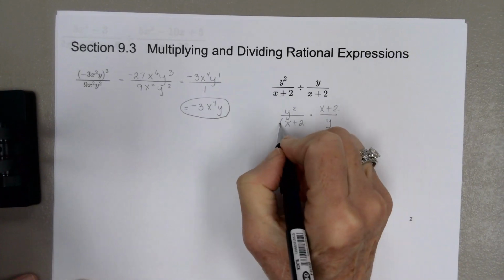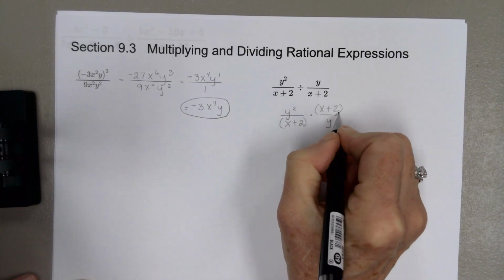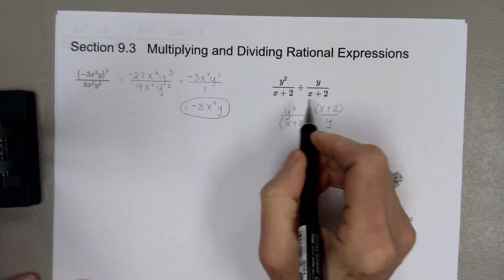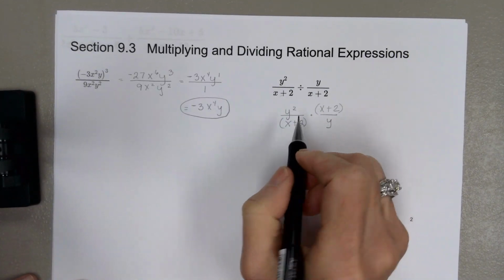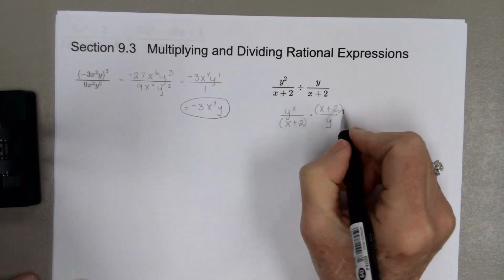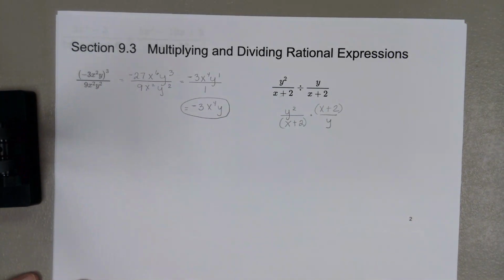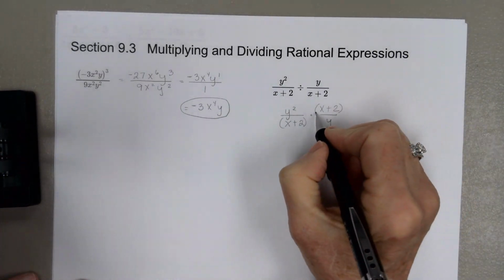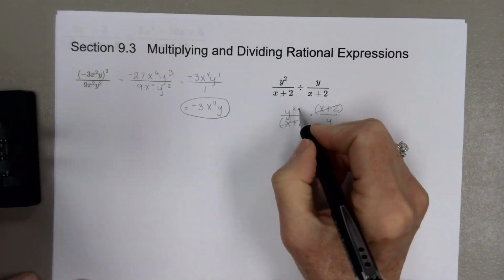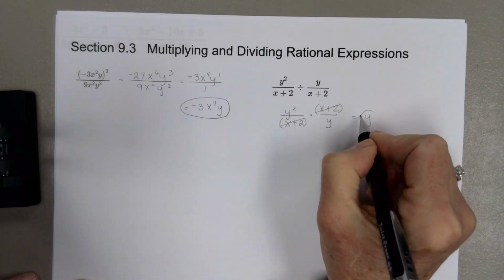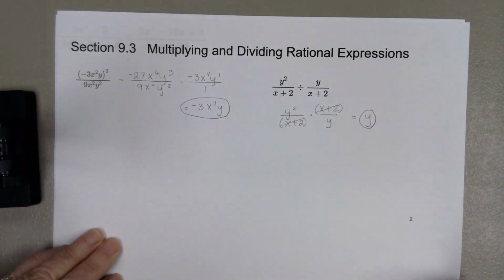Now remember, once everything's multiplied, to get rid of something on the top and the bottom, you have to get rid of the entire parenthesis. You cannot separate something from an item that is either added or subtracted. But the whole thing goes away. I have a y squared over a y, which just leaves me y to the first power.